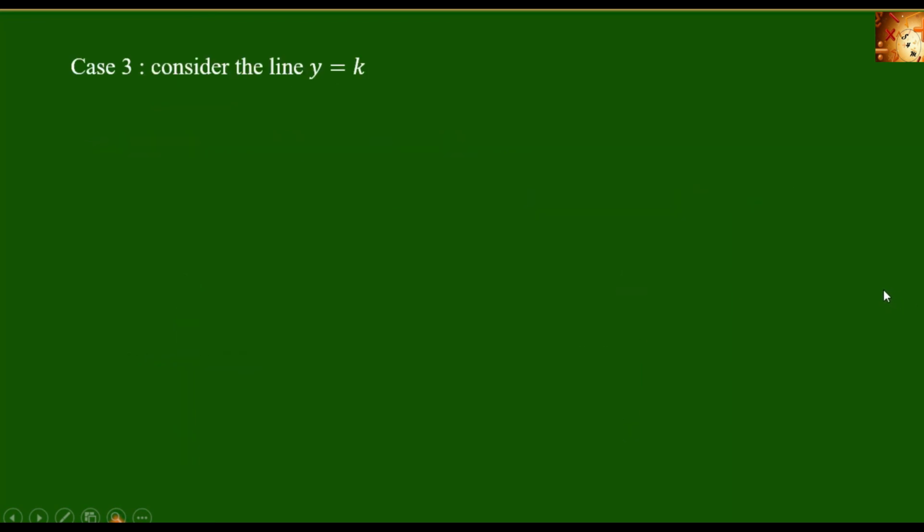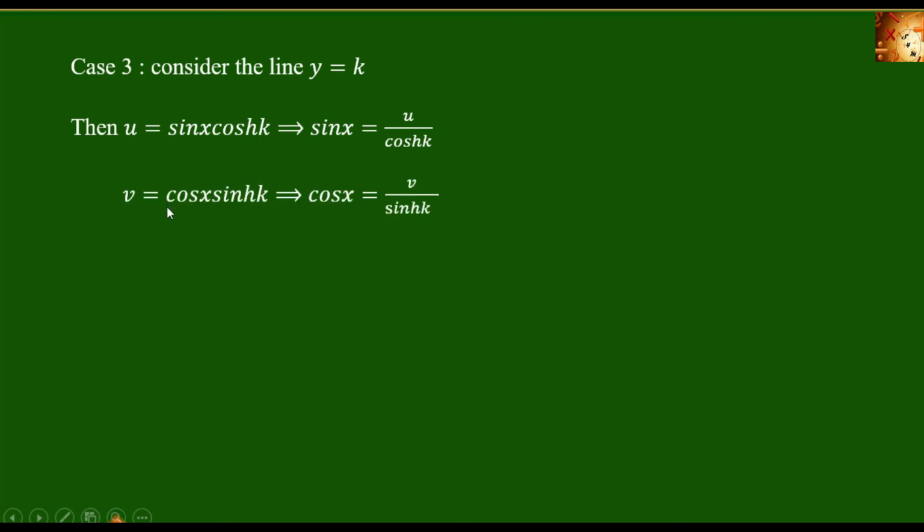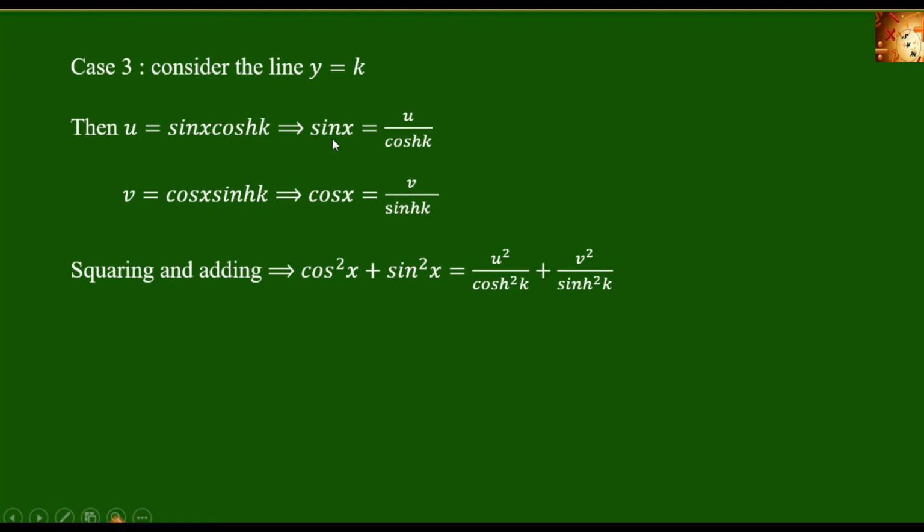Next, we are considering the line y equal to k. Then our u becomes sin x cosh k. From that we get sin x equal to u by cosh k, and v equal to cos x sinh k. From that cos x equal to v divided by sinh k. Next, we are going to eliminate the variable x. Here sin x, cos x. Therefore, using the identity, squaring and adding, we get cos square x plus sin square x is equal to u square by cosh square k plus v square by sinh square k.